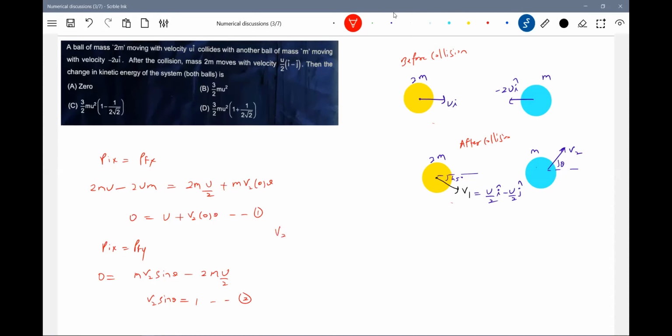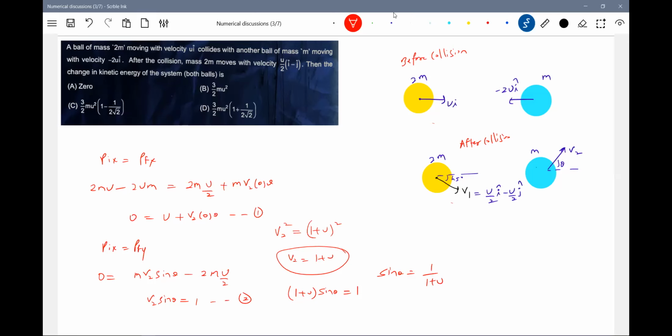Squaring and adding, v2 square should be equal to 1 plus u whole square. So v2 is equal to 1 plus u. Sine theta equal to 1 by 1 plus u.